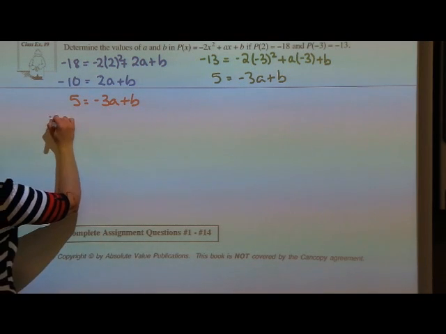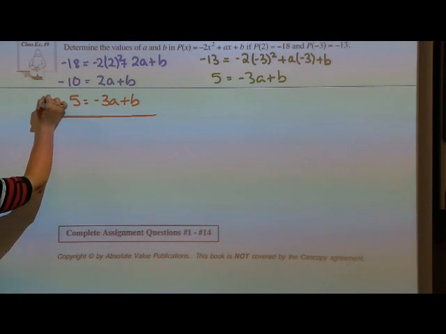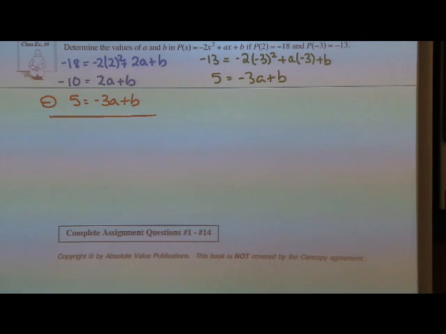It goes back to grade 10. What would happen if I subtracted the two equations? I'd have no B's. I would just have an A, and then I could solve for that A. So do that.